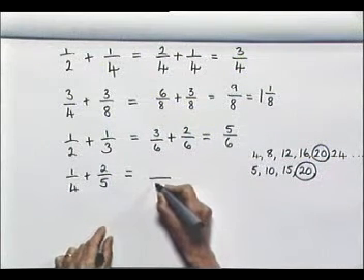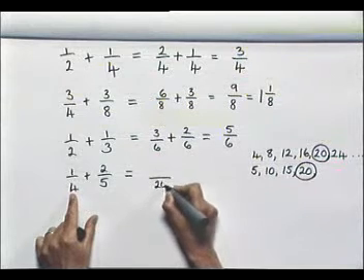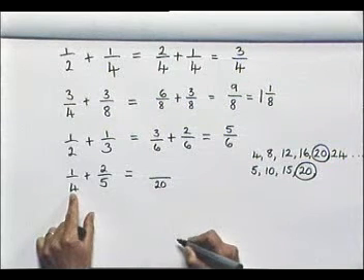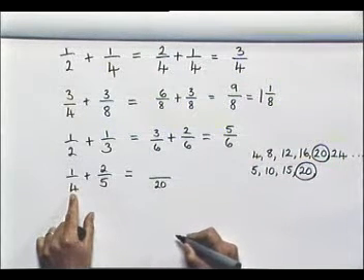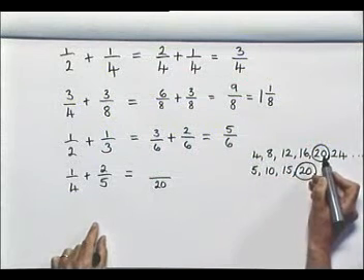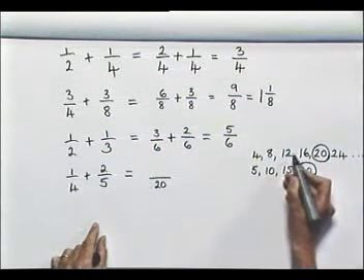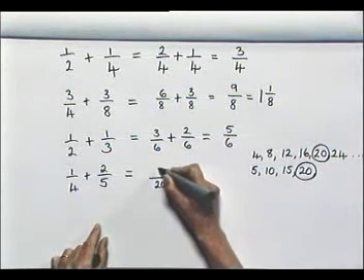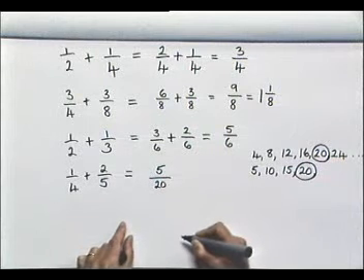So we're going to change our quarters into 20ths. Well, how many did we need? 1, 2, 3, 4, 5. So 5 20ths is the same as a quarter.